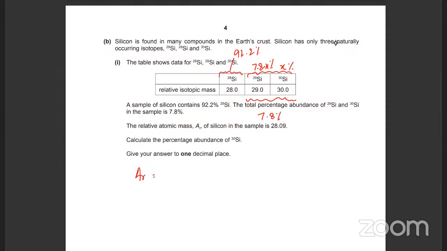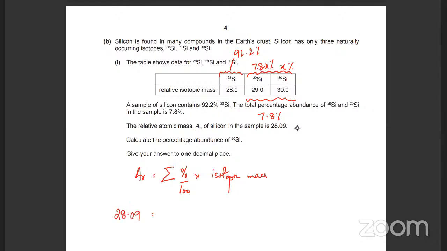It's the fractional percentage multiplied by the isotopic mass, and you add all of them up. The AR is already given as 28.09.